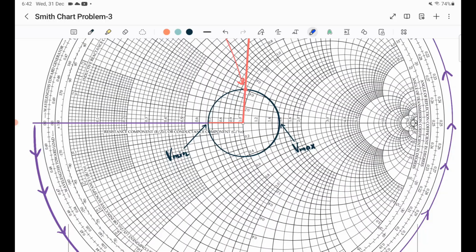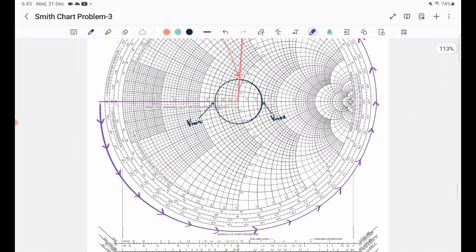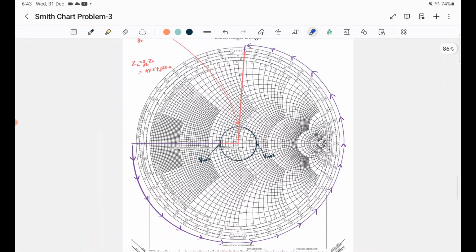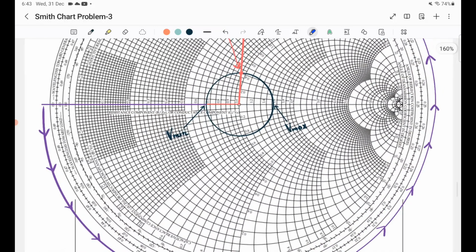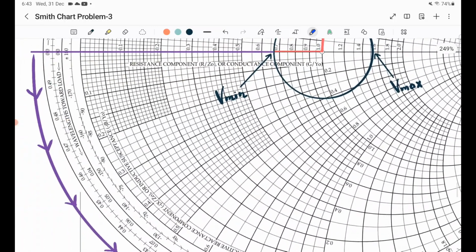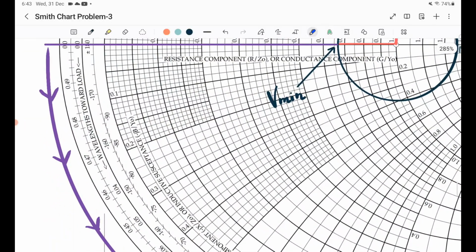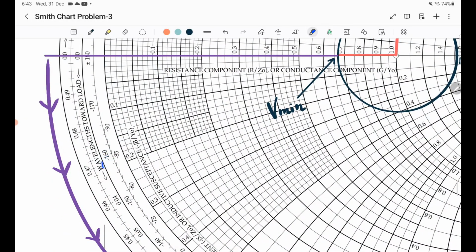Now since we have found the value of L min as 0.37 lambda, while moving from the V min position towards the load, we need to move in a counterclockwise direction. As we can see here, it says wavelength towards load, and you need to move in this direction, that is the counterclockwise direction.